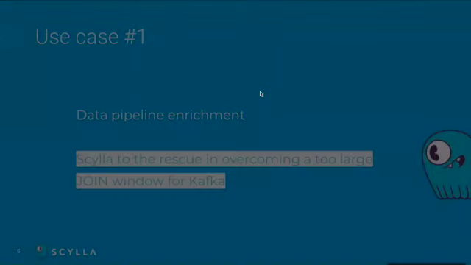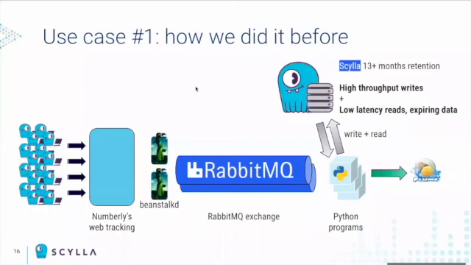Next slide, please. In this slide, I will describe how this pipeline used to be. As users navigate through websites, our tracking data flowed through our tracking API, which was then queued locally in Beanstalk and then shipped into the RabbitMQ exchange. From there, we had Python programs that had two main purposes.